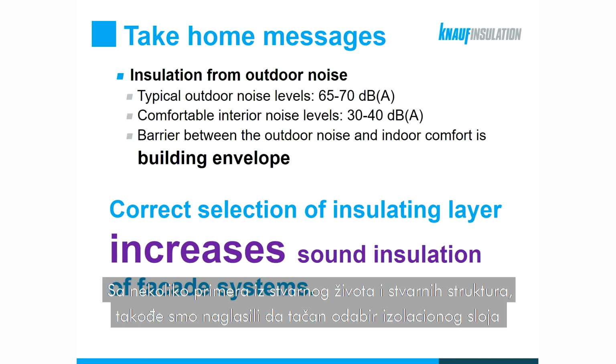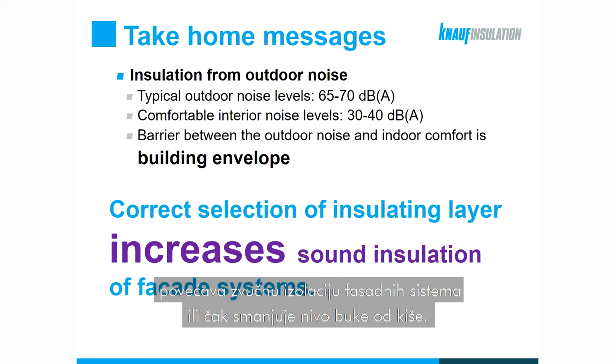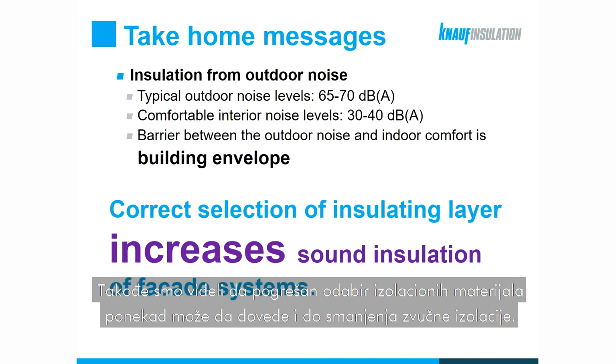With several real-life examples and actual constructions, we have also outlined that the correct selection of insulating layer increases sound insulation of facade system or even reduces the level of rain noise.